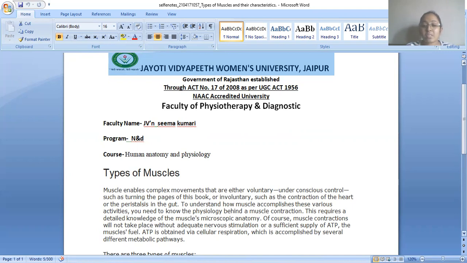This is the physiology of muscle contraction we have already discussed, and we must know it to understand how muscles accomplish these activities.